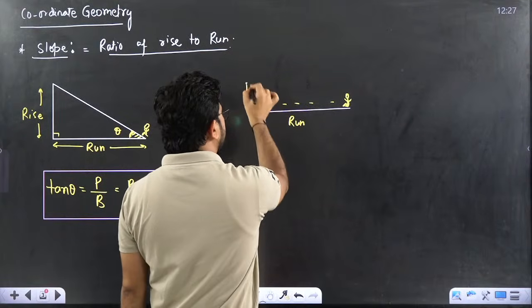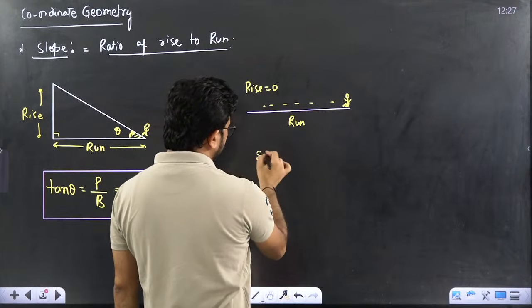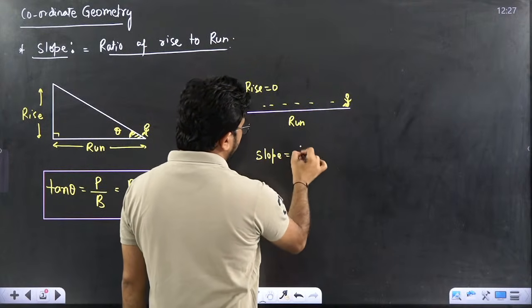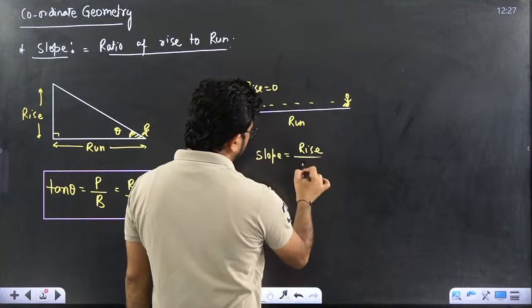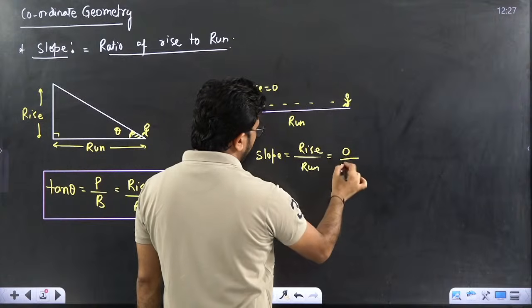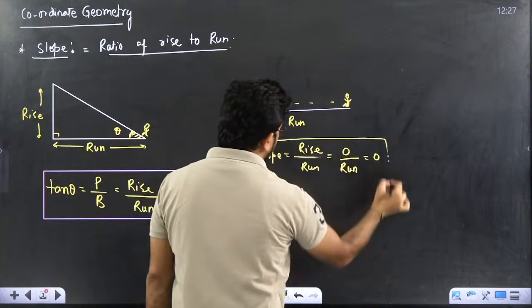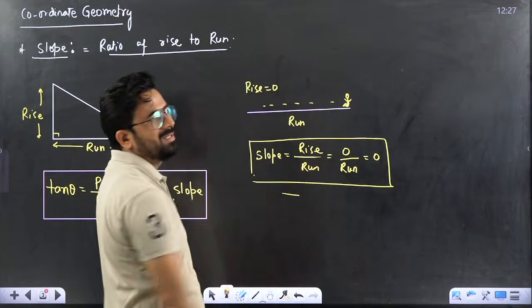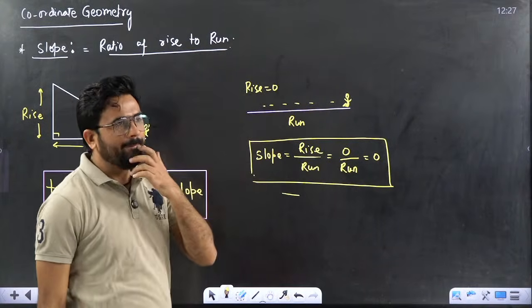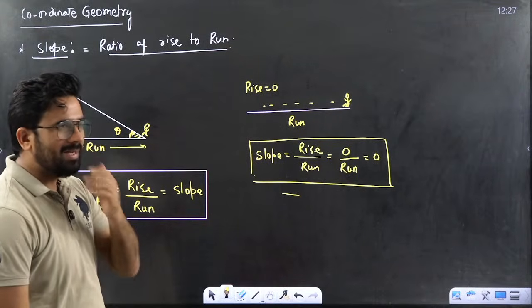Rise equals 0. So slope is equal to what? Rise by run. Rise is 0, divided by run, so the answer would again be 0. So slope equals 0. Whenever the line is horizontal, that means parallel, what is the slope? 0. Clear or not clear?